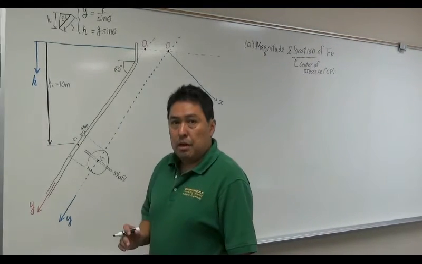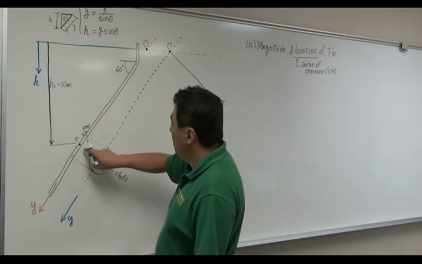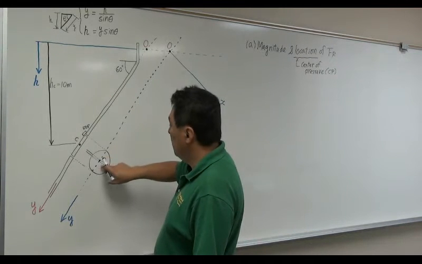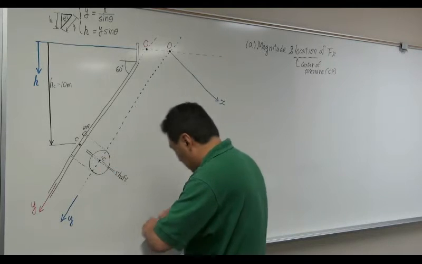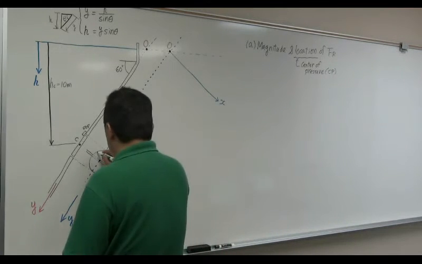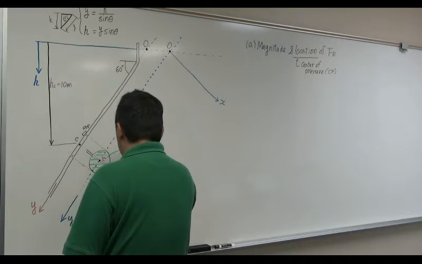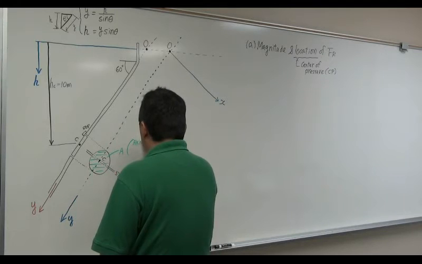The center of pressure in this particular case is not going to be on the centroid of the given cross-section. By the way, let's just define the cross-section area you are interested in. This is the cross-section area. Let's call this A, the area of interest.